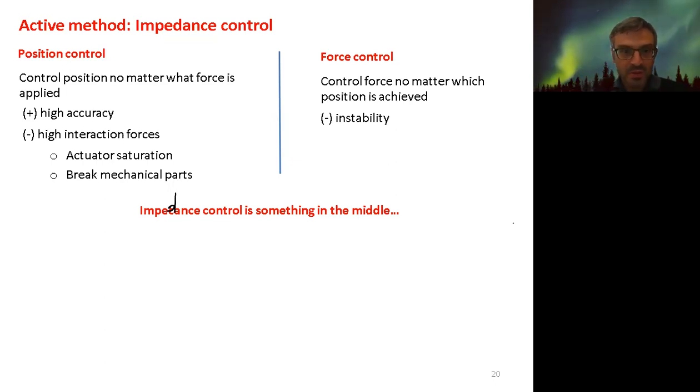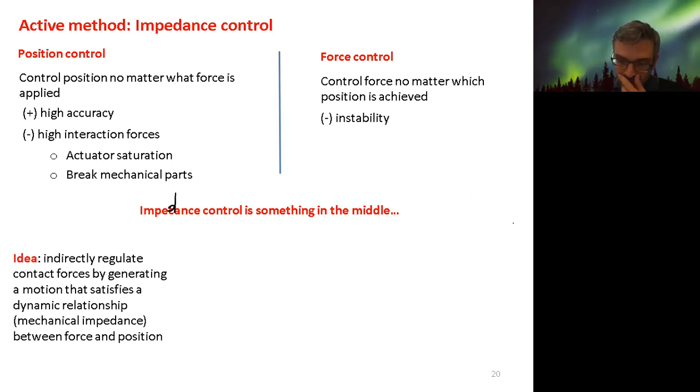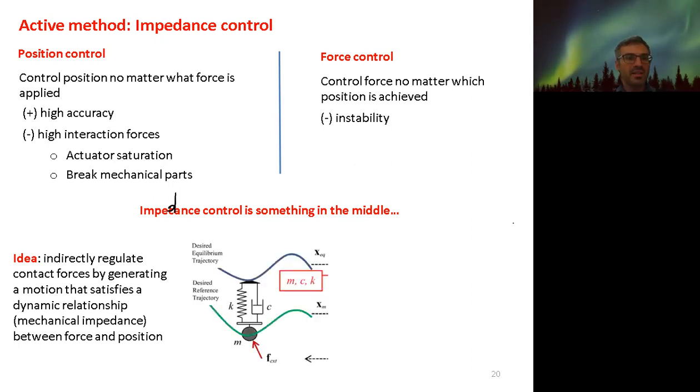What impedance control does is make the robot match a desired interaction model that relates displacement to contact forces. So rather than directly regulating the contact forces, it generates a motion that satisfies a dynamic relationship, for example, the one of a spring.